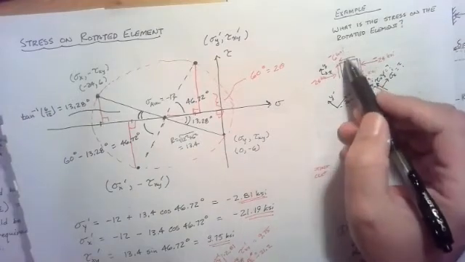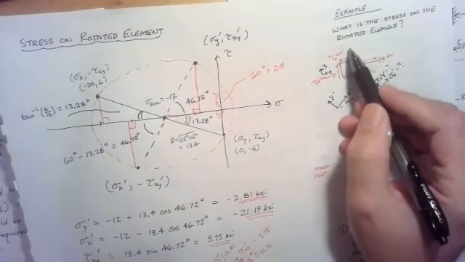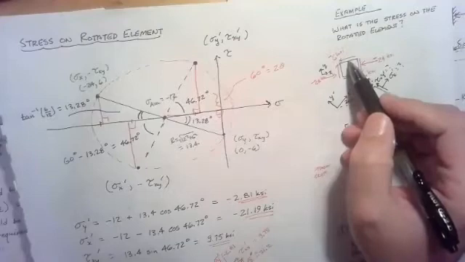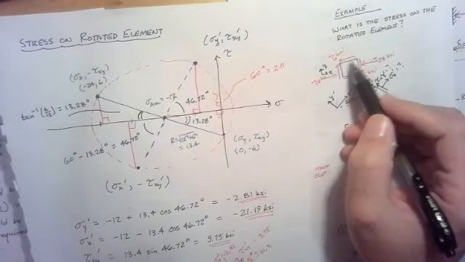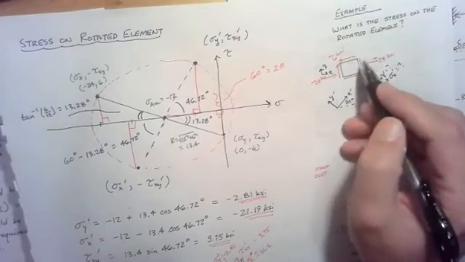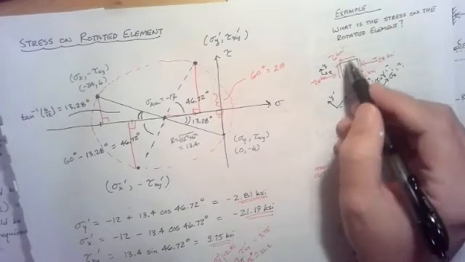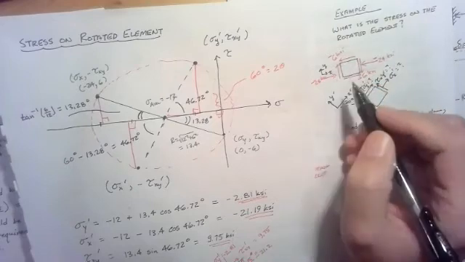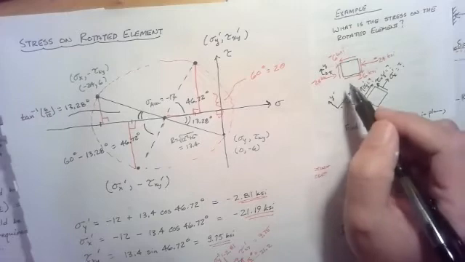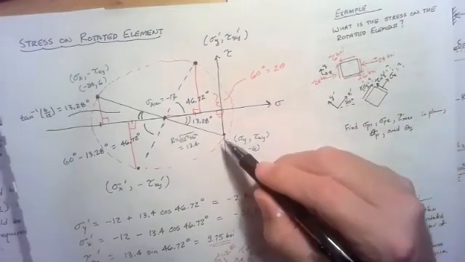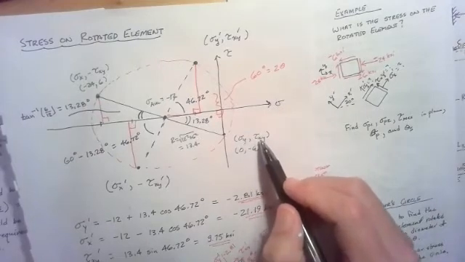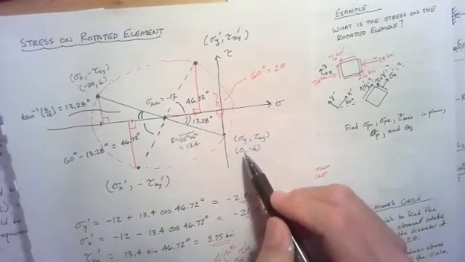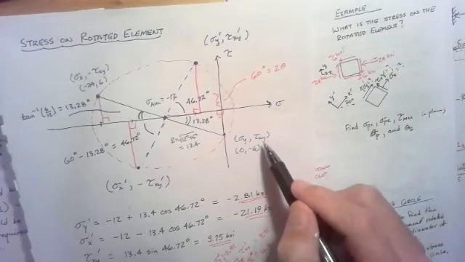Then on the y face, I've got 0 for the sigma, and I've got negative 6 because the shear stress on the y face wants to spin the element counterclockwise. So that would be a negative 6 here for the shear stress. So I've got sigma y and tau xy as 0 and negative 6.